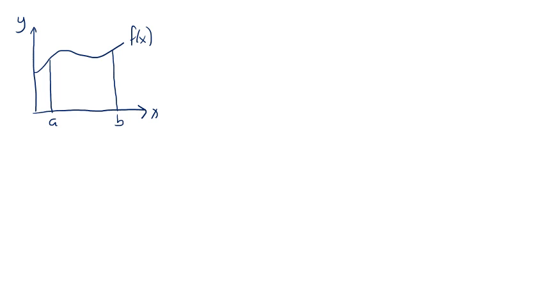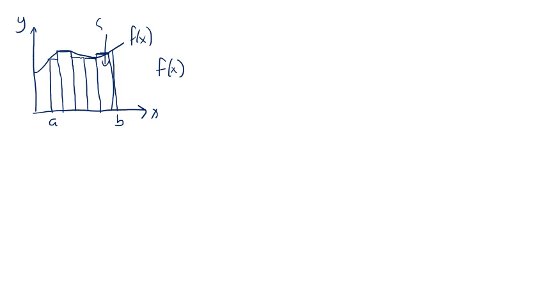Then what we do is we just approximate that area by a bunch of rectangles underneath it, like so. And each of these rectangles has an area, so the height of it is just the value of the function.